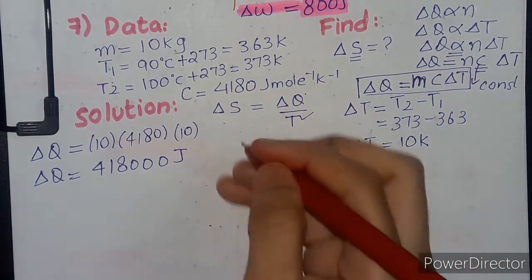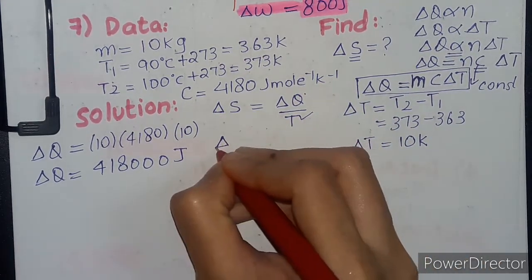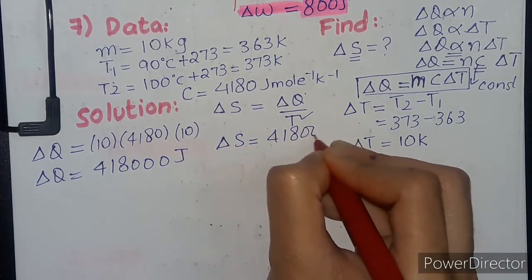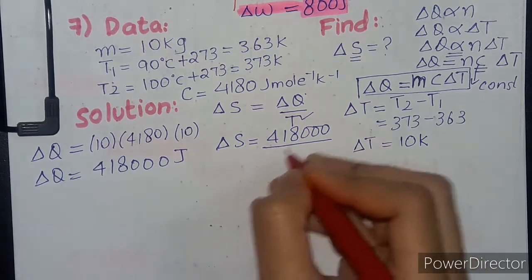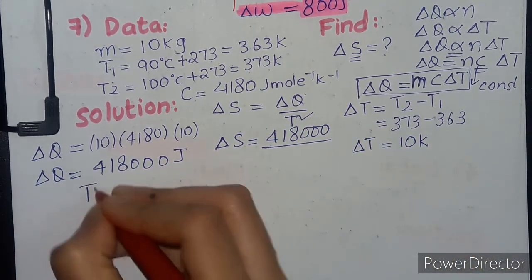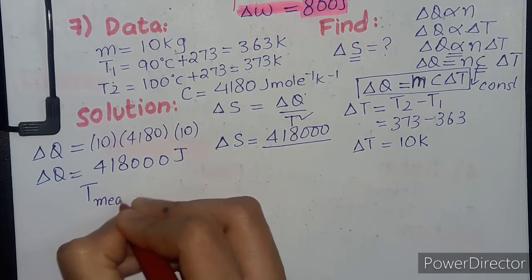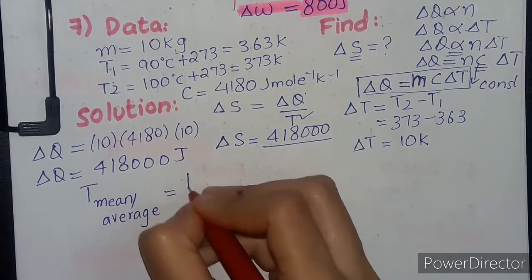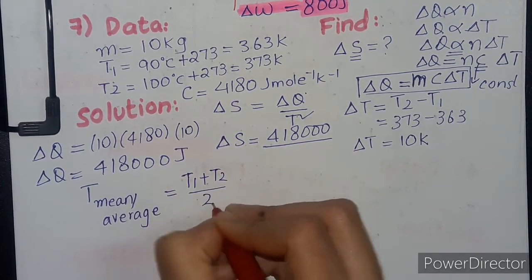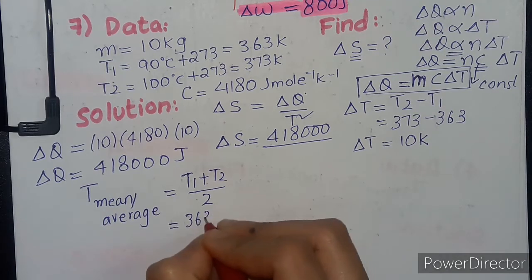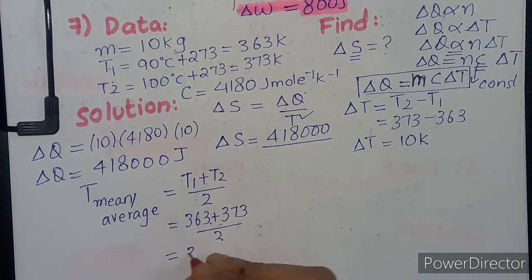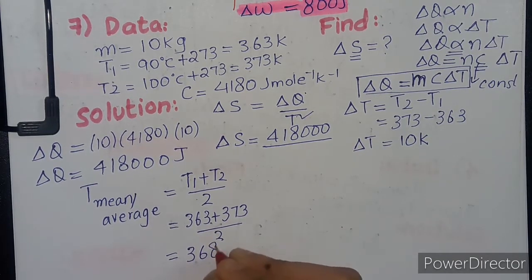Now putting it in this equation, we get del S is equal to 418,000 divided by the temperature. We have to find this temperature, which should be the average or mean temperature. So it will be T1 plus T2 divided by 2, which is 363 plus 373 divided by 2. We get the temperature as 368 Kelvin.